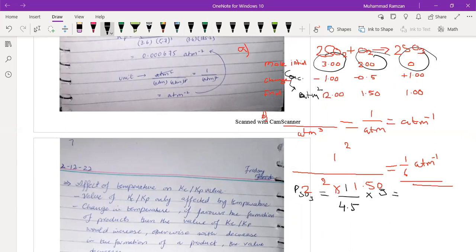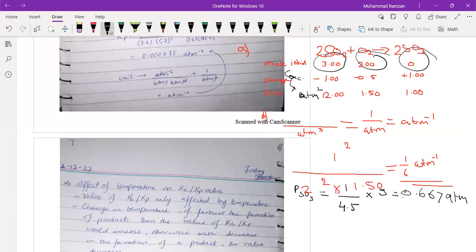In decimal, three divided by 4.5 comes up 0.667 basically.